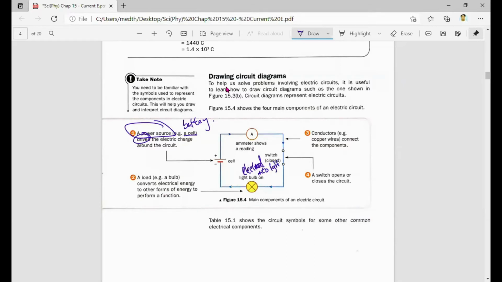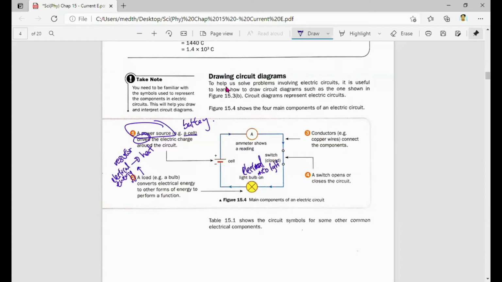Sometimes a load can also be a resistor. So how is a resistor a load? A resistor converts electrical energy into heat or thermal energy. So just take note of that.